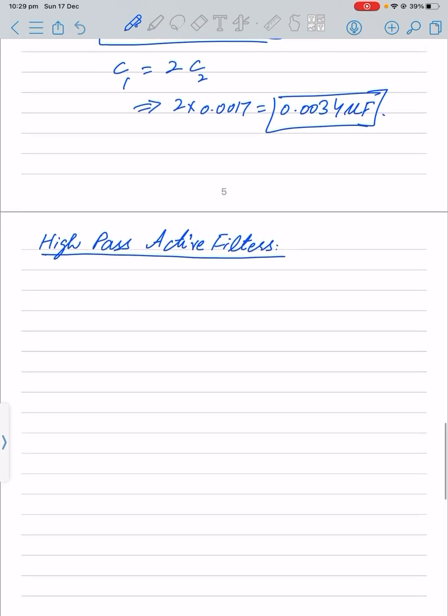So just like the low pass active filter, again we will have our operational amplifier, and then we only have to swap the positions of the capacitor and the resistor. Over there we will have our input voltage, that will be R, and that is actually now a buffer circuit or the voltage follower.